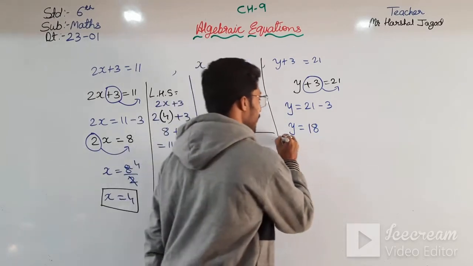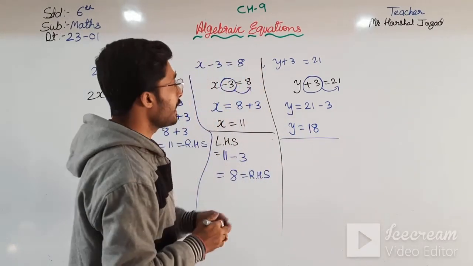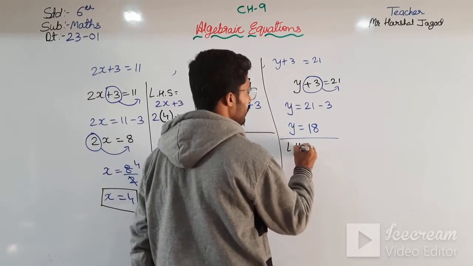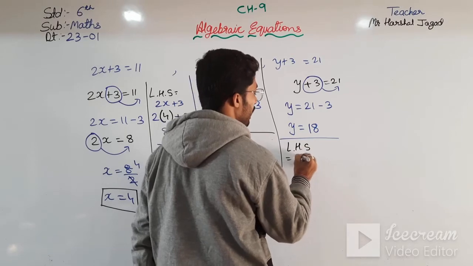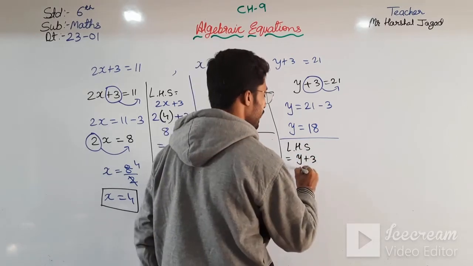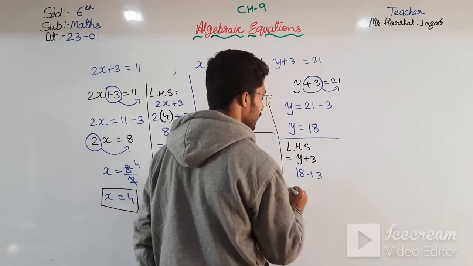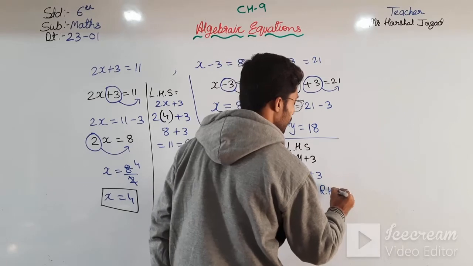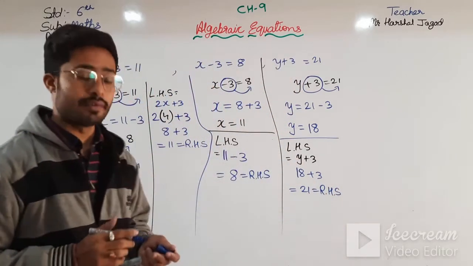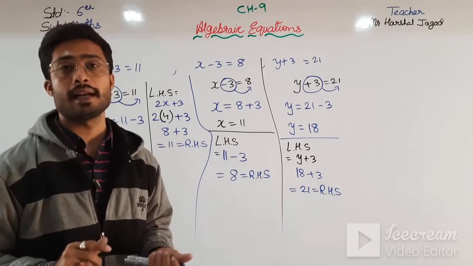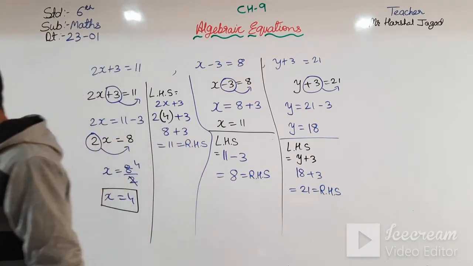If I put the value of y in this equation, LHS is equal to y plus 3, and here the value of y is 18, so 18 plus 3 is 21, which is equal to RHS. Okay, so if you want to write this solution, you can write it, and we will move further.